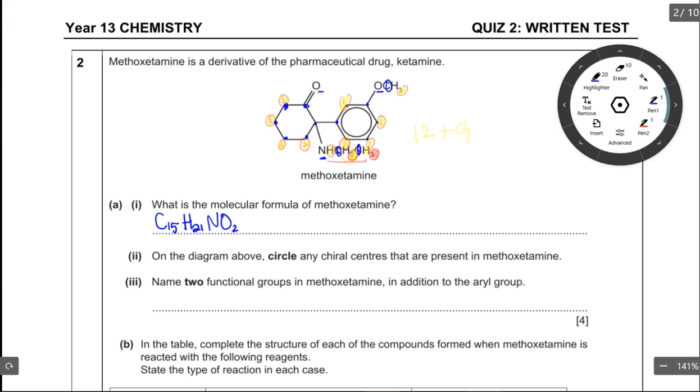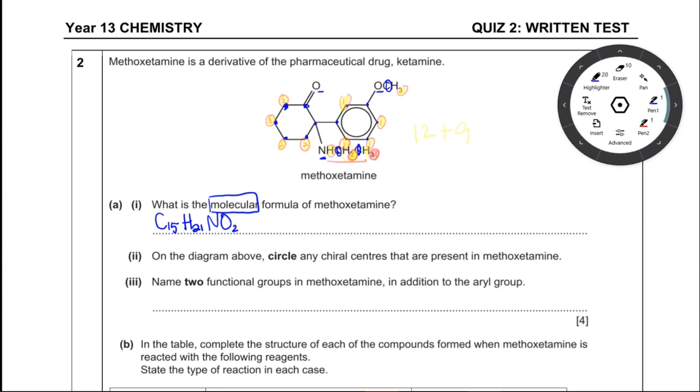Okay, so please take note, a few of you gave me a structural formula. I'm looking for molecular formula, so you should just show me the number of atoms for each element, and that's it. You shouldn't be showing me the arrangement of how the atoms are arranged.